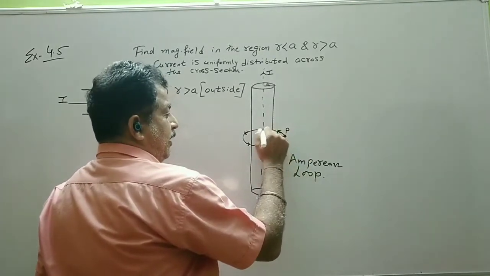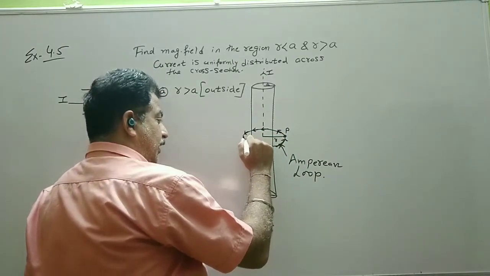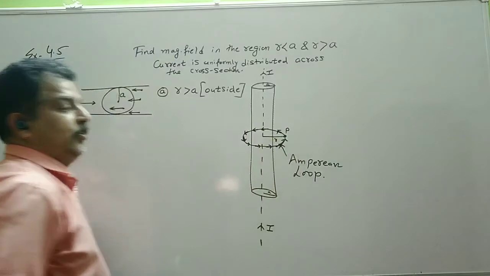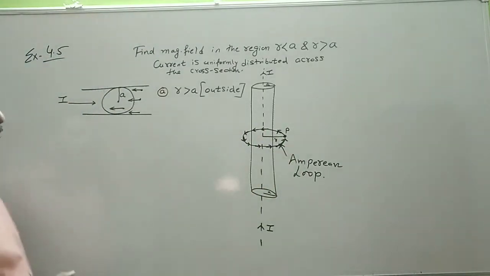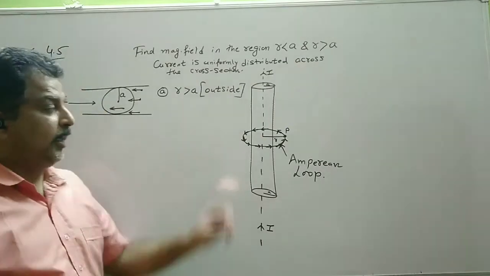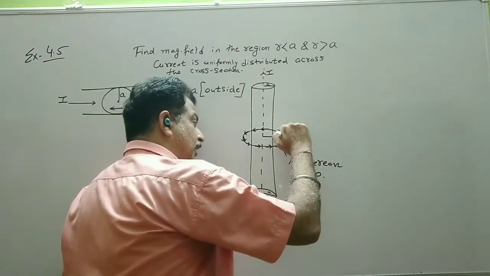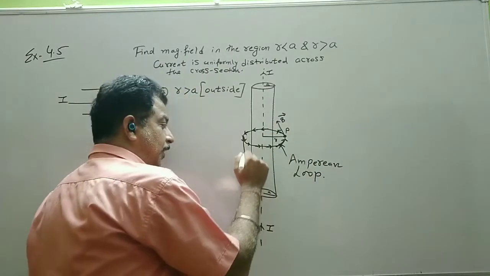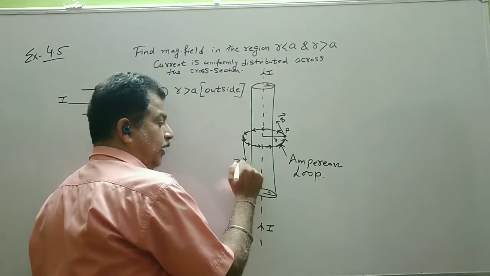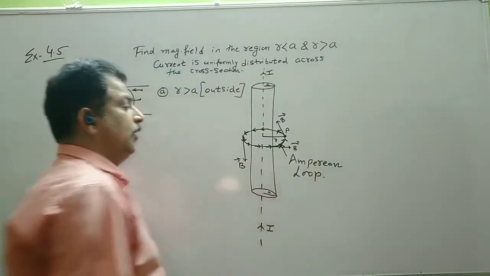Because the magnetic field is tangential, the line element is taken in the direction of the magnetic field intensity. Now we apply the Ampere circuital law. Clearly, the direction of the magnetic field intensity at any point is along the tangent.